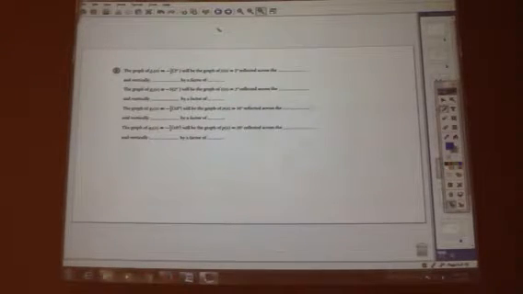Moving on to part B. On the next one, the graph of g of x equals -3/4 times 2 to the x will reflect across the x-axis and have a vertical compression by a factor of 3/4.